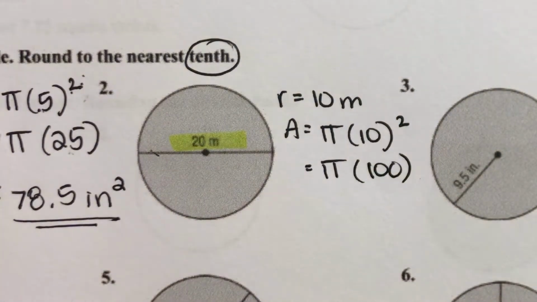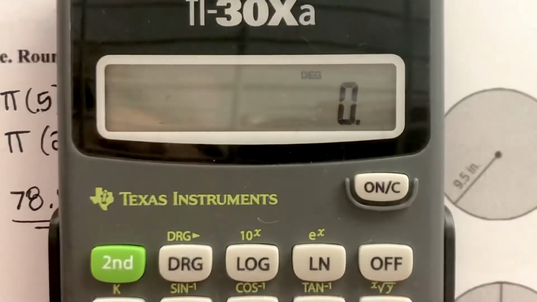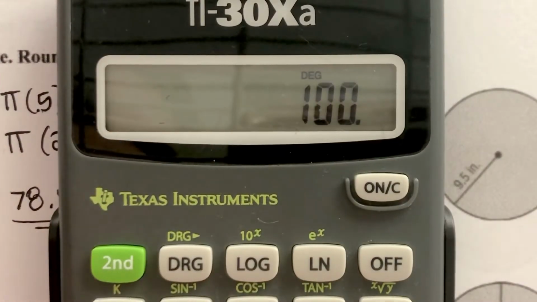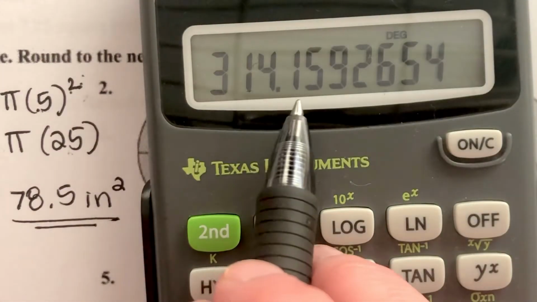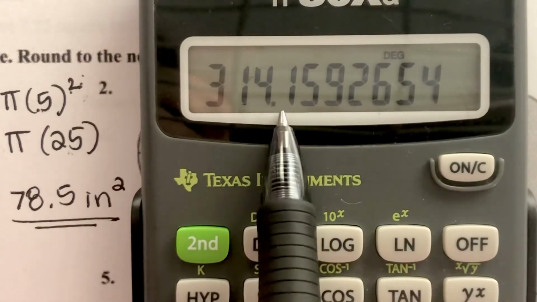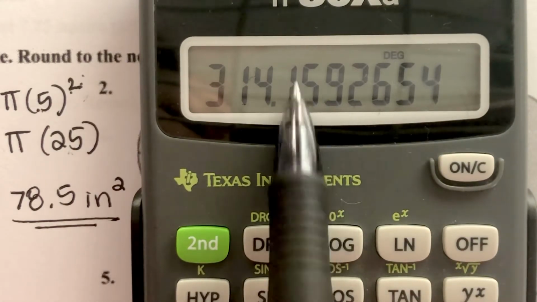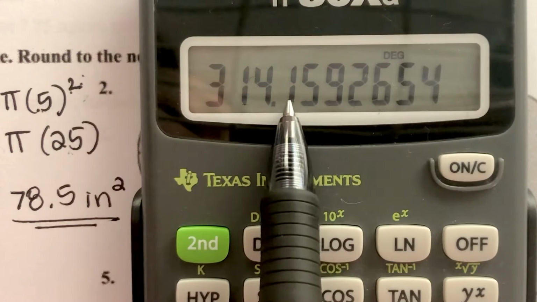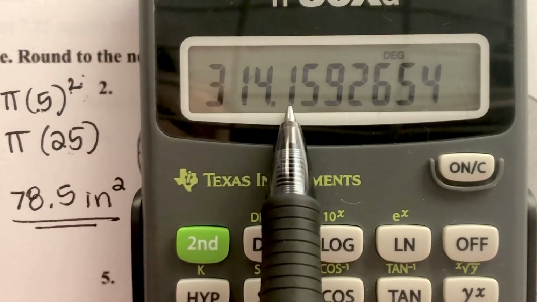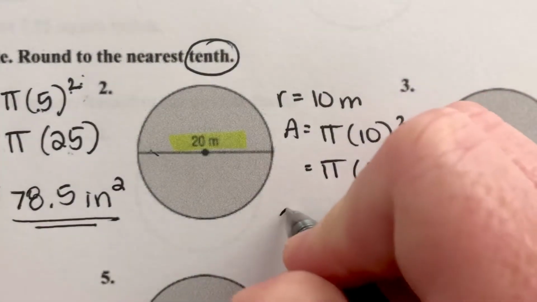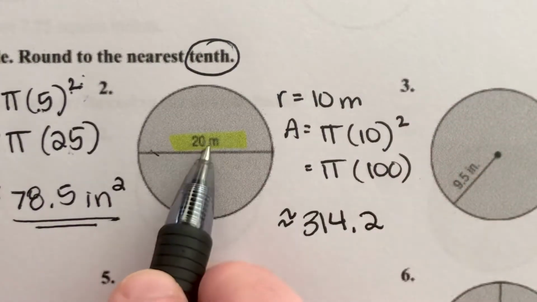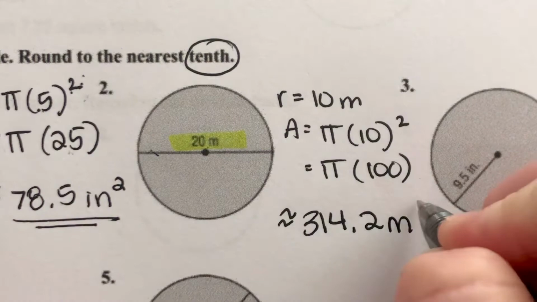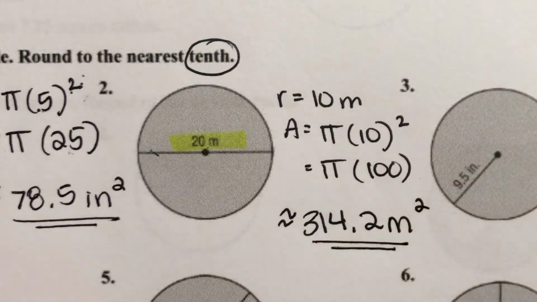And then if we multiply pi times 100, we know it's going to be 314, but then there's more to it, times the pi button equals 314.15. We have to round to the nearest tenth. So we look at the number next to it. It's a 5, so it does round this up to a 2. 314.2. So it's about 314.2, and it's in meters. And it's the area, so it's in square meters.